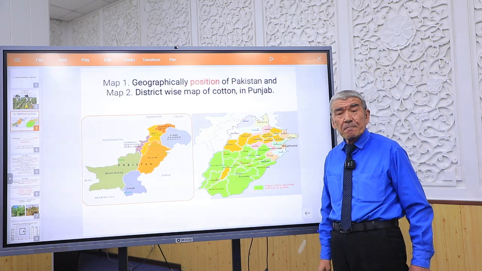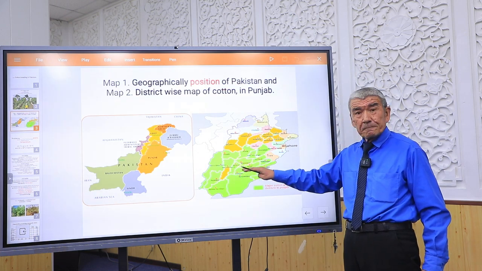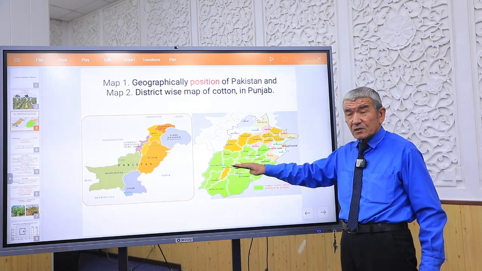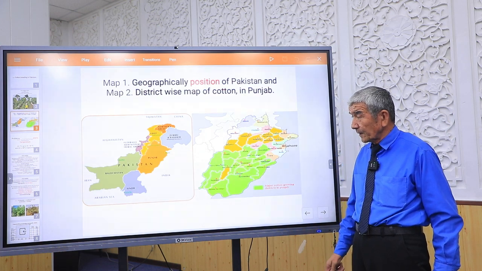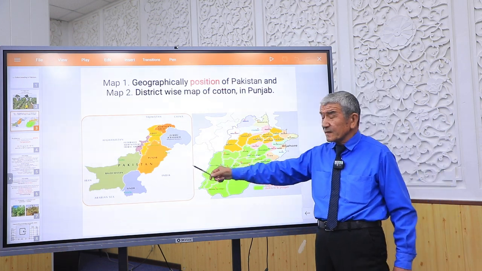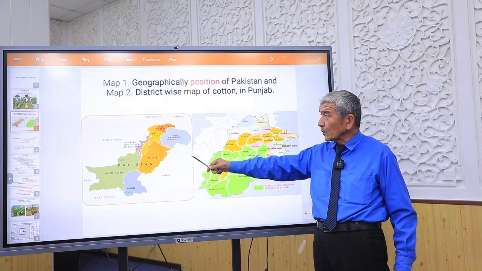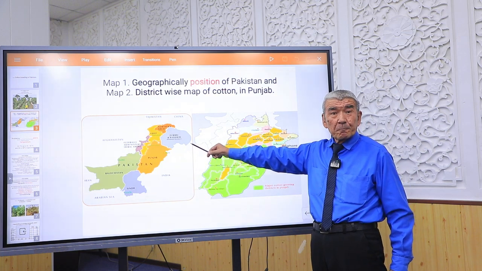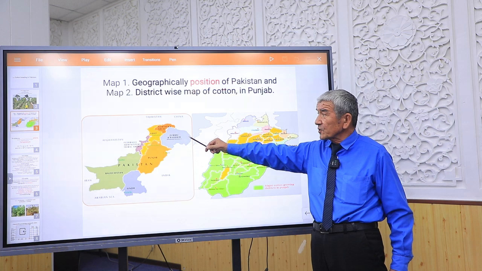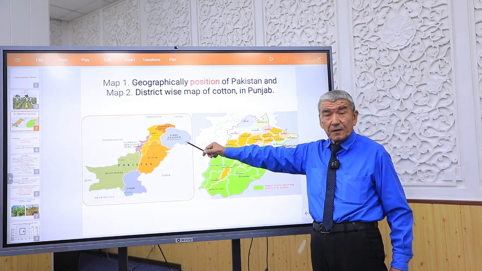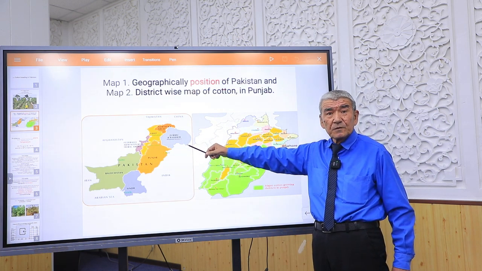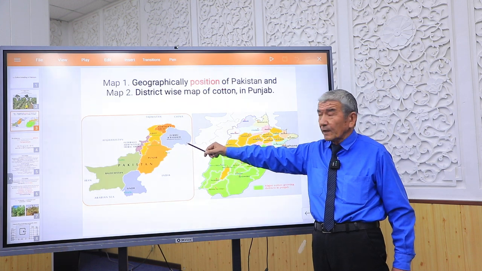Here we can see the geographical location of Pakistan. Pakistan has neighbors on the north, Tajikistan and Kyrgyzstan. We are neighbors to these two countries.